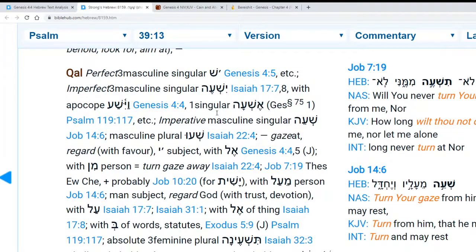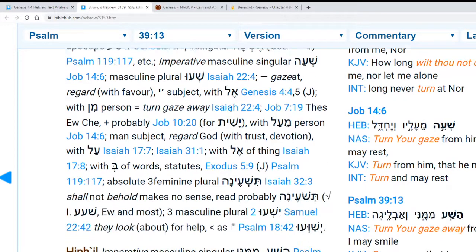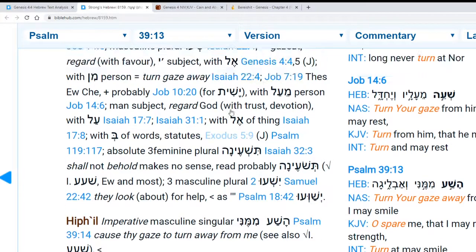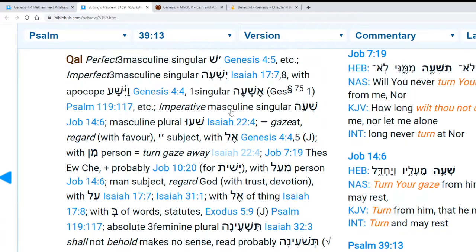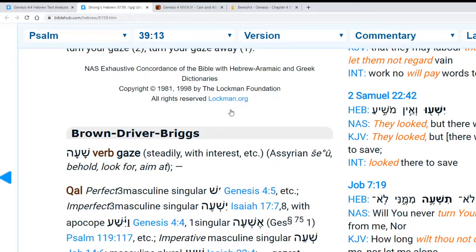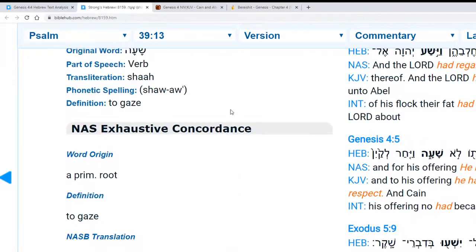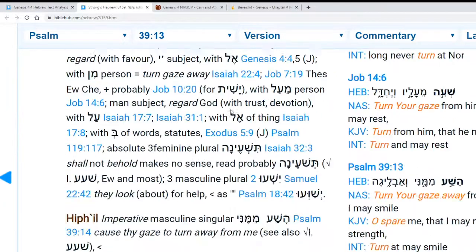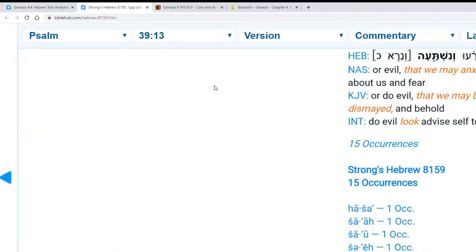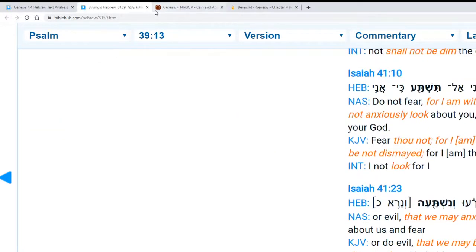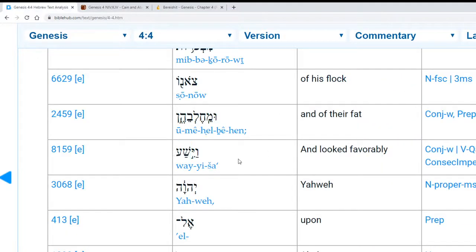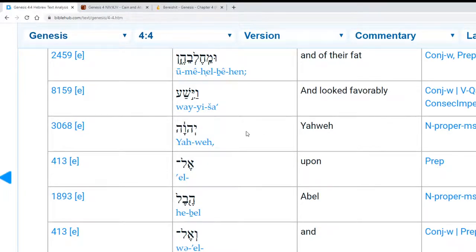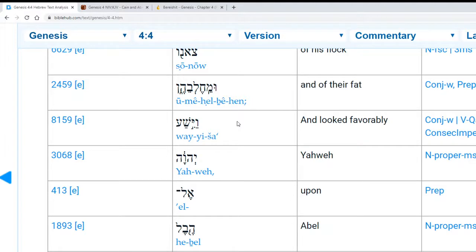Like we said before, this is where different ways of looking at the root are going to make you look at things differently. But Ve'yisha havaya el hevel ve'el minchato, right? And God looked favorably. So it's the context, more than how.